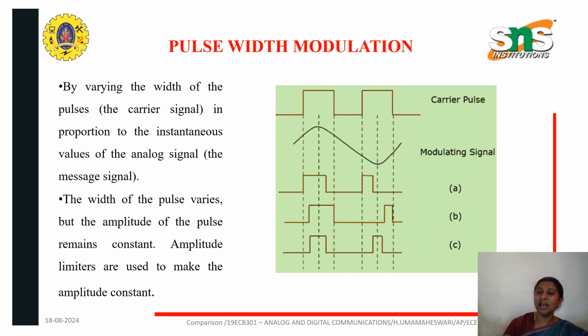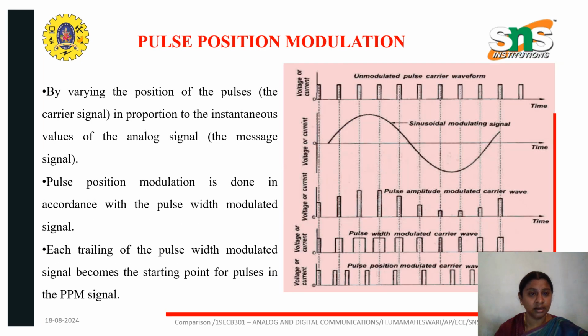The next one is the modulating signal, where the width of the pulse varies as shown. The width of the first pulse is varied, and then the second and third widths are changed: increased, reduced, and then increased.